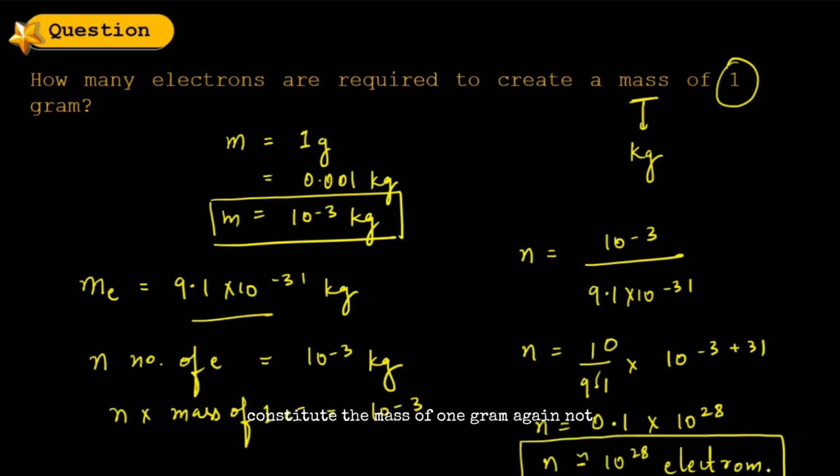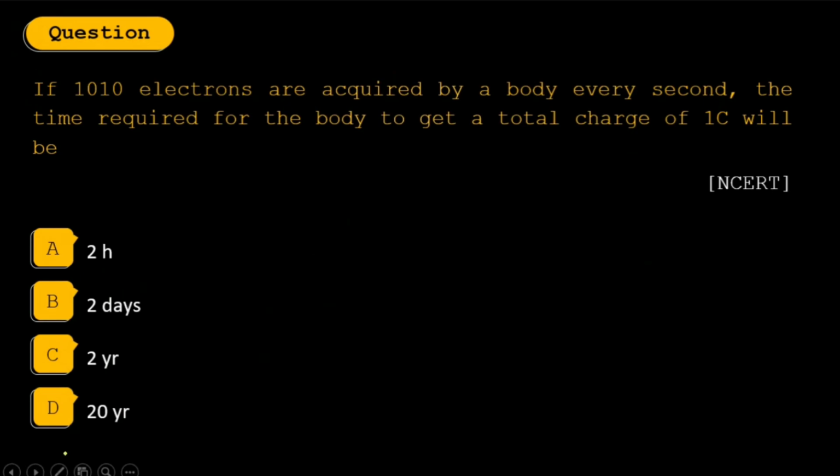Again, not a small quantity, it's a huge quantity. This much number of electrons are required to make 1 gram of mass. So again, an important result, and you should understand how we are actually getting these results.